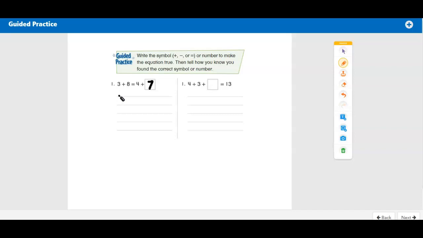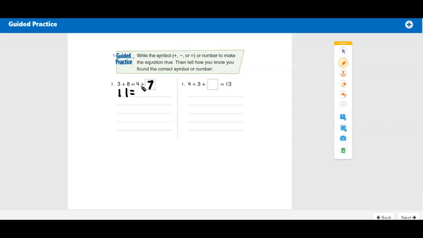So let's look and see. First we had 3 plus 8, or you can also say 8 plus 3. Well, 8 plus 3, let's see. I know that 8 plus 2 is 10, so one more would give me 11. So 8 plus 3 is equal to 11.